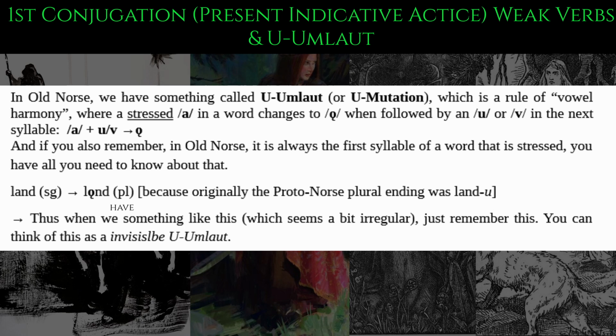You see, in Old Norse, we have something called U-Umlaut or U-mutation, which is basically a rule of vowel harmony, where a stressed A in a word changes to O when followed by either a U or V in the next syllable. Thus we have A plus U or V becomes O.